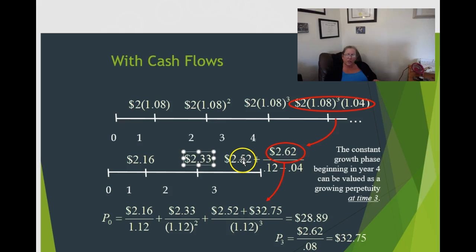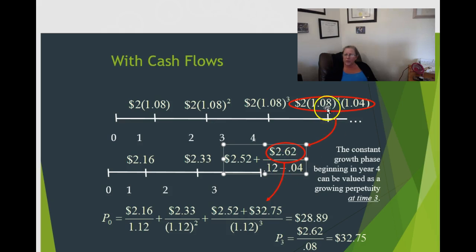Okay? Now the constant growth phase beginning in year 4 can be valued as a growing perpetuity at time 3. Okay? So once we get to time 3, which we have done here, then we need to value this as a growing perpetuity.